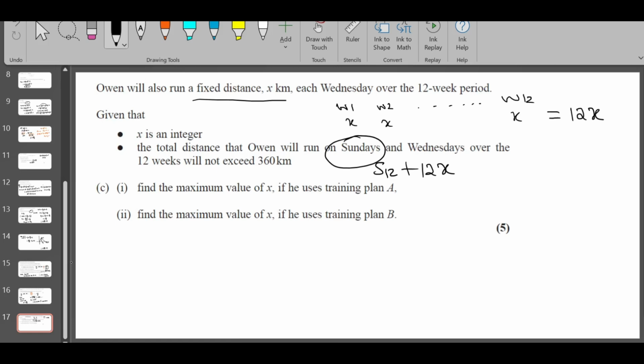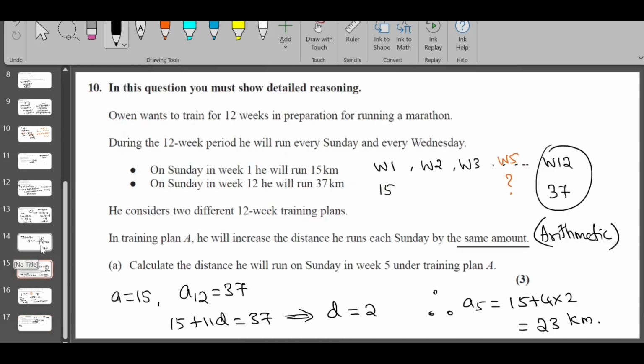This cannot be more than 360. It has to be less than or equal to 360. This is what the question says. Part C: the maximum value of x if he uses training plan A. What would be the sum of the 12 weeks, the distance he will run? That's what we haven't calculated, but this is training plan A, right?